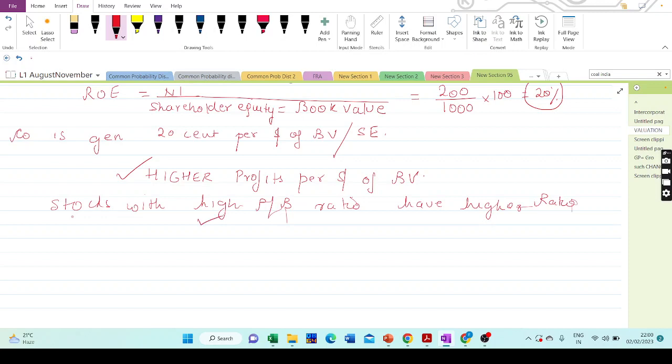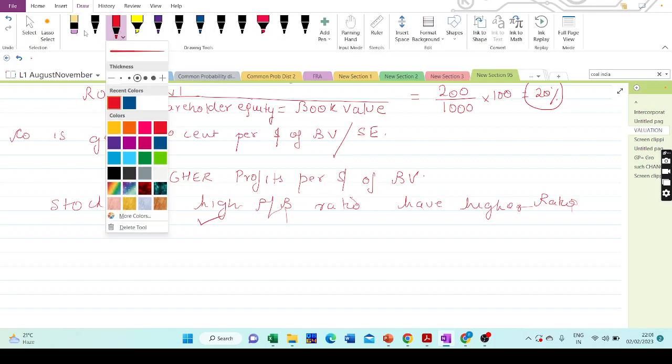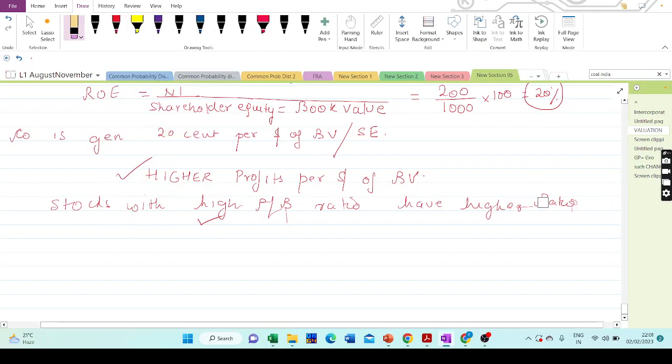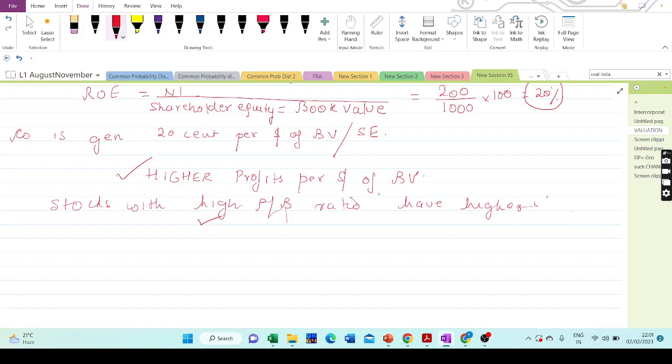If a stock has a higher PB ratio, that basically means that investors are willing to pay more per dollar of book value. And why are they willing to pay more per dollar of book value? Because that particular company has a higher ROE. And investors would be willing to pay less per dollar of book value for which stocks?